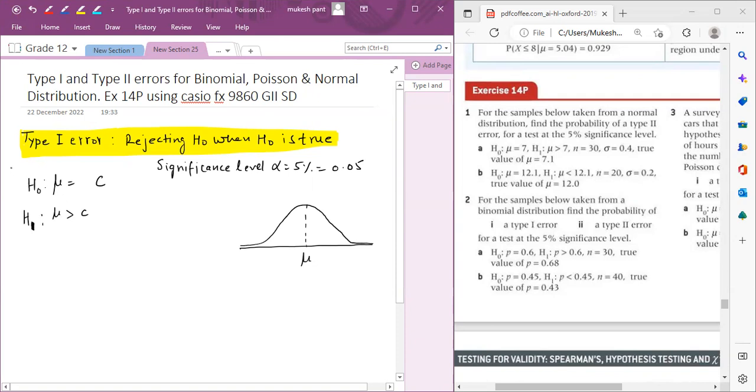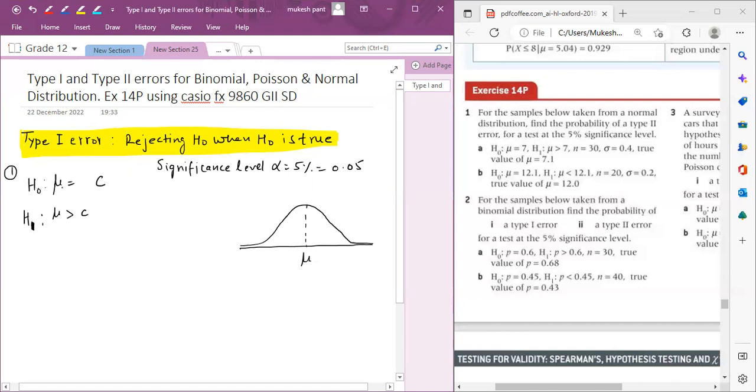So this is the first type of hypothesis testing, where the null hypothesis is mean equals c. C is any constant value, it may be any real value, okay, 1, 2, 3, or any real value, right? And there may be a condition when the alternative hypothesis is that the mean is greater than c. Null hypothesis: mean equals c, and alternative hypothesis: mean is greater than c.